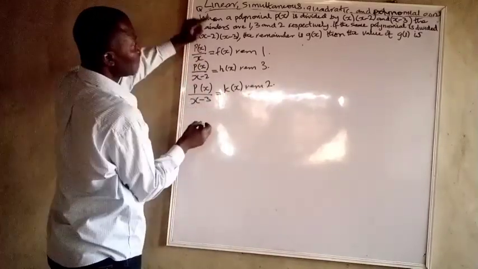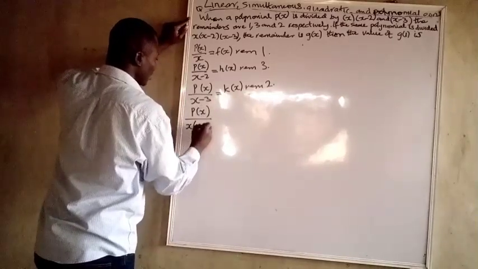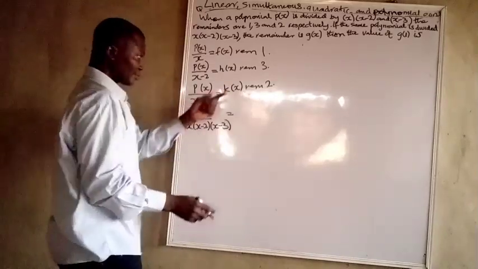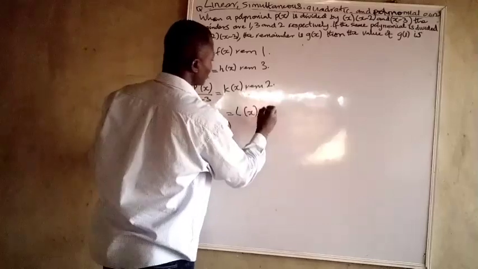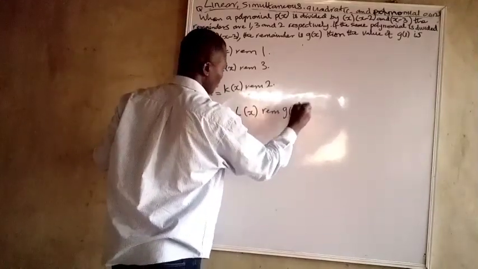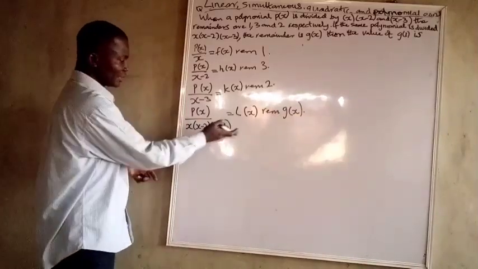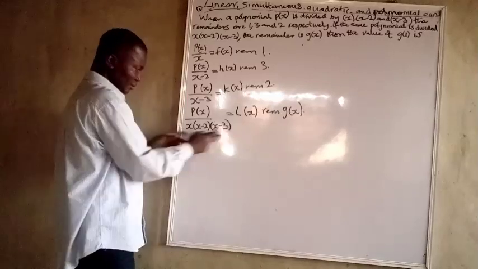And then we also know that p(x) divided by x into (x - 2) into (x - 3) will be equal to l(x) remainder g(x). And from our knowledge, we know that g(x) will be a quadratic, because the divisor is a cubic. The degree of the remainder will be 1 less than the degree of the divisor.